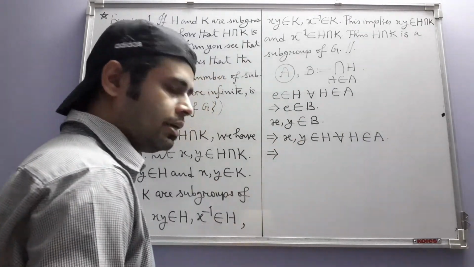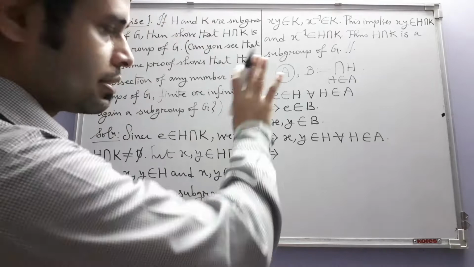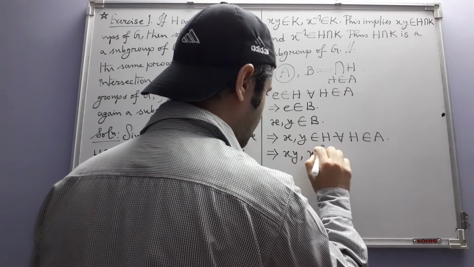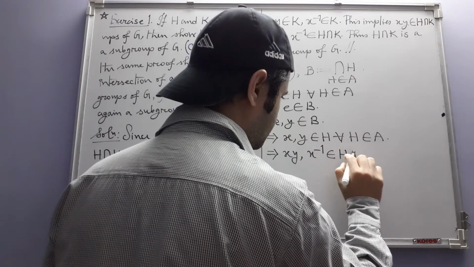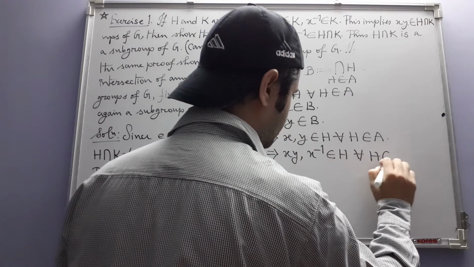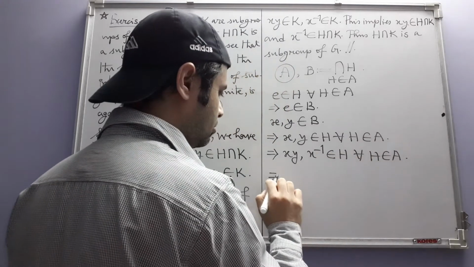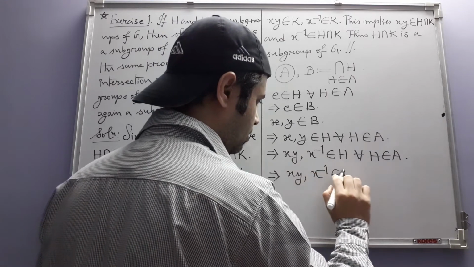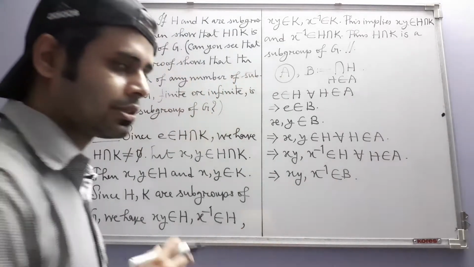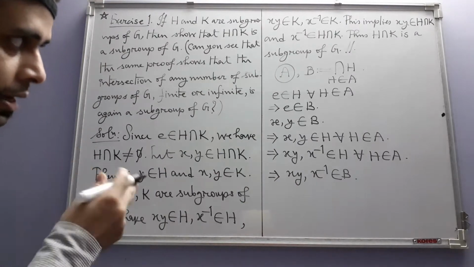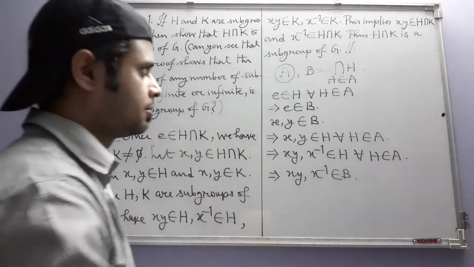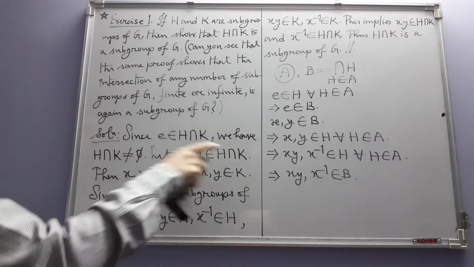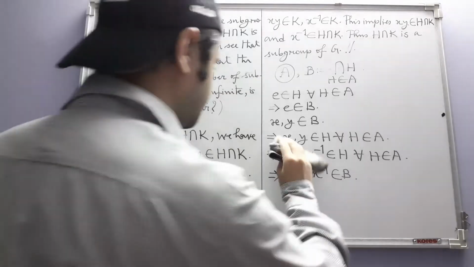Since every such H is a subgroup, we apply that same argument. So both xy and x inverse belong to H for all H belonging to A, which implies xy and x inverse both belong to the intersection of all such H's, that is B, and that's why B is a subgroup of G. So yes, although not exactly the same, a similar proof shows that this is the case.